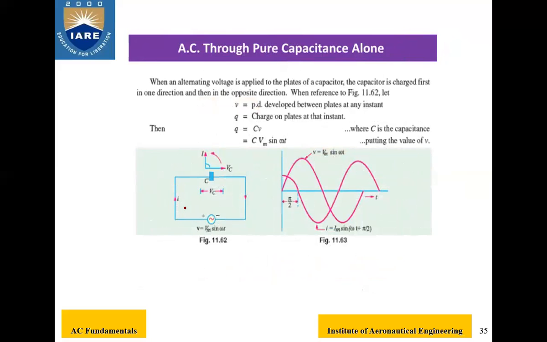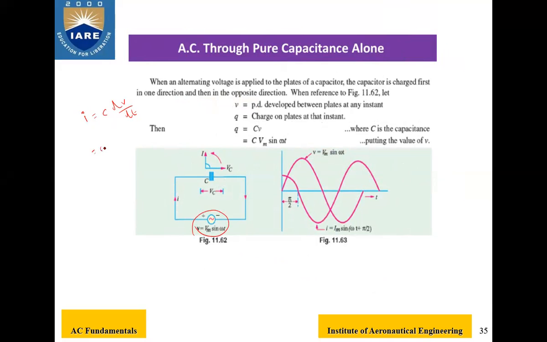And when an AC supply is given to a capacitor, we already have the equations. What is the current flowing through the capacitor equation? C into dV by dt. Very good. So what is the given waveform? V equals Vm sin omega t.